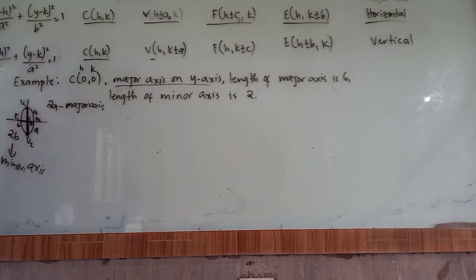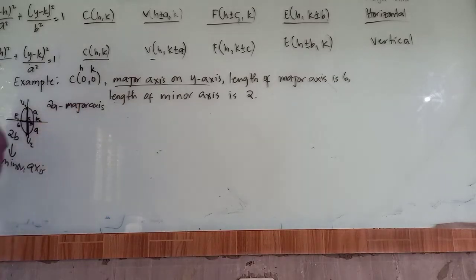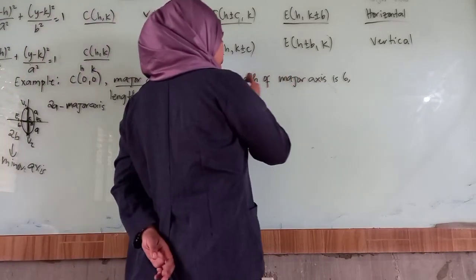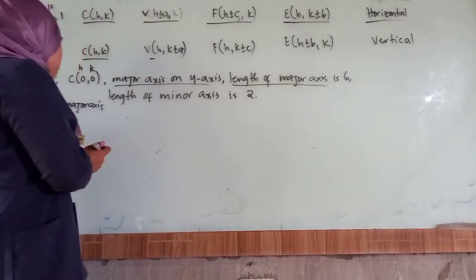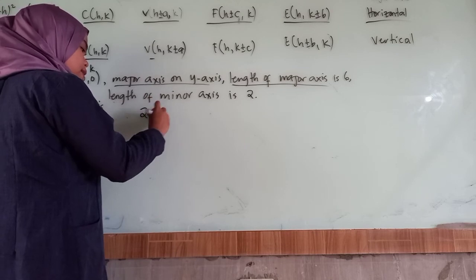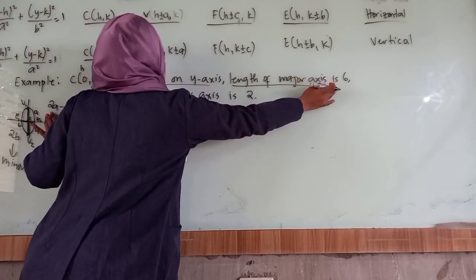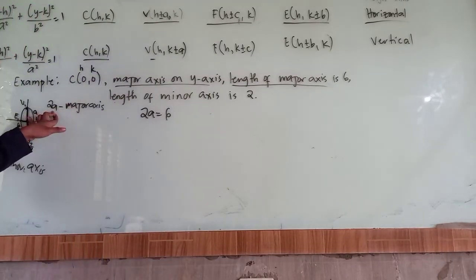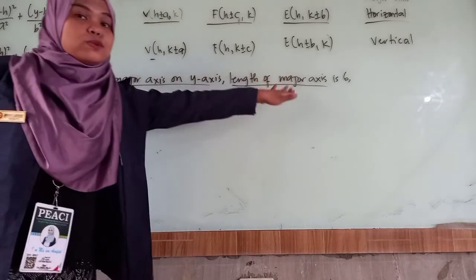Okay. So, if 2A is the length of the major axis, ang sabi niya dito sa given, the length of major axis is equal to 6. So, ibig sabihin, itong 2A, pwede ko yan i-equate kay 6. Kasi nga, length of major axis is equal to 6, tapos that is represented by 2A. So, ibig sabihin si 2A is equal to 6.